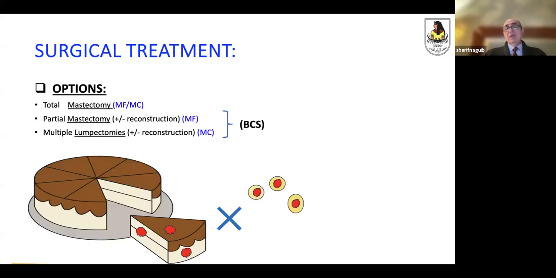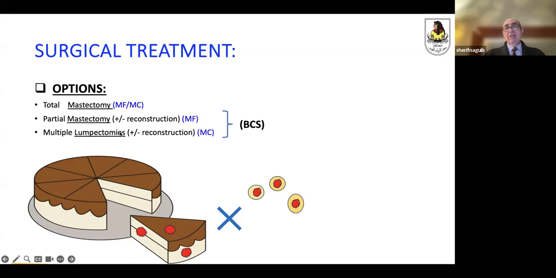So what are the choices that we have today to treat multifocal, multicentric breast cancer? It's either total mastectomy, meaning the removal of the whole of the cake, or partial mastectomy, which means removal of one wedge of the cake that contains the multiple tumors, or do multiple lumpectomies, meaning removal of the tumor with safety margin in separate excisions.